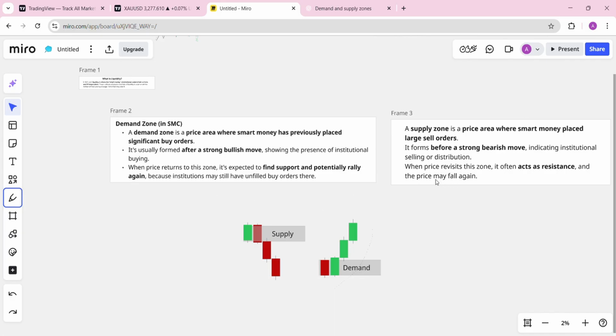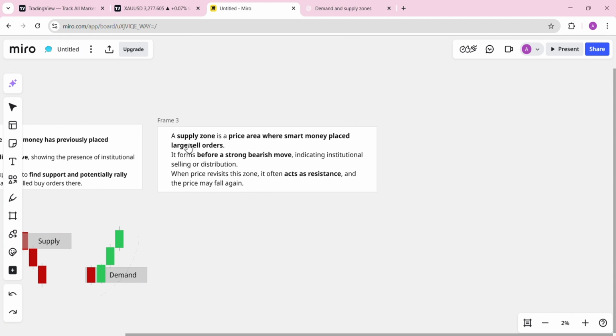So let's talk about the supply zone now. You can see the definition of supply zone here. A supply zone is a price area where smart money places large sell orders. It forms before a strong bearish move. So the base of the supply movement forms before the bearish candlestick on the chart, and I'm going to demonstrate it for you in a while.